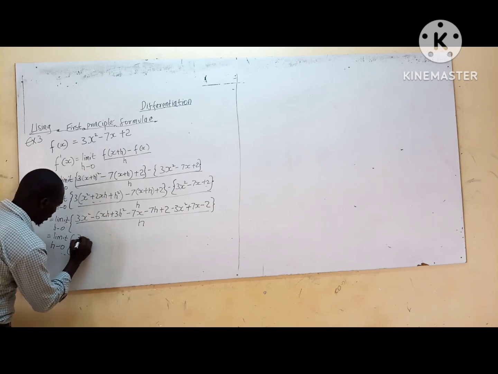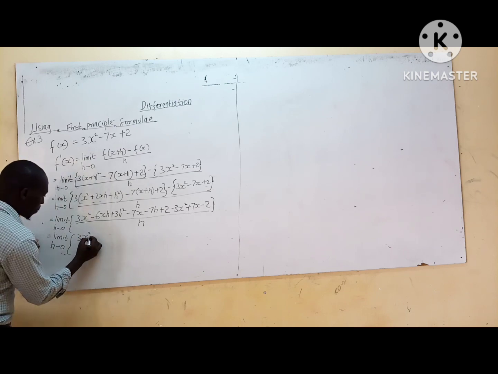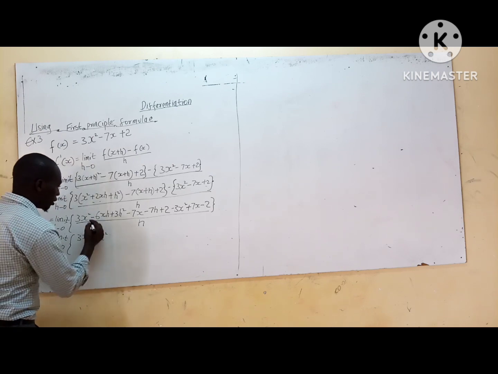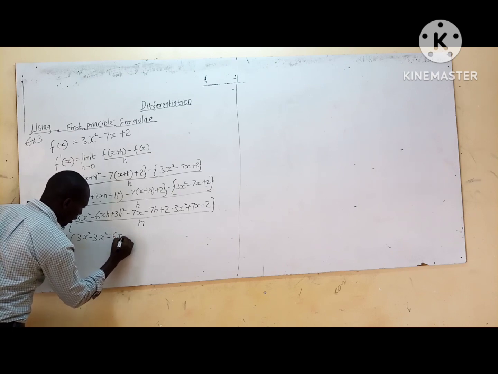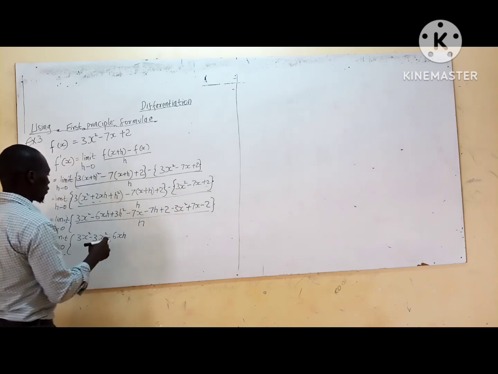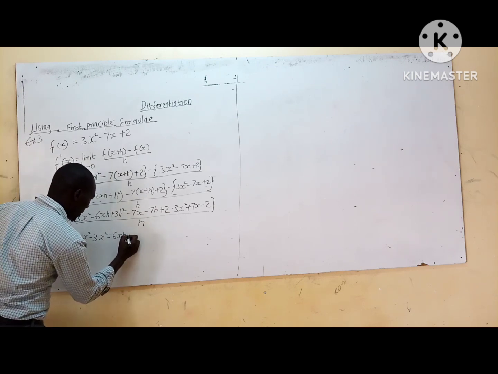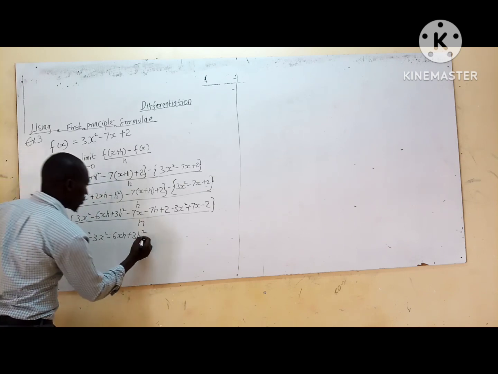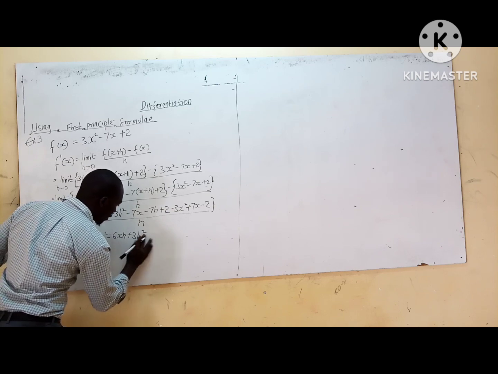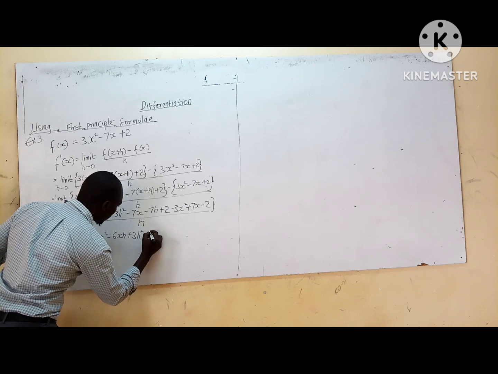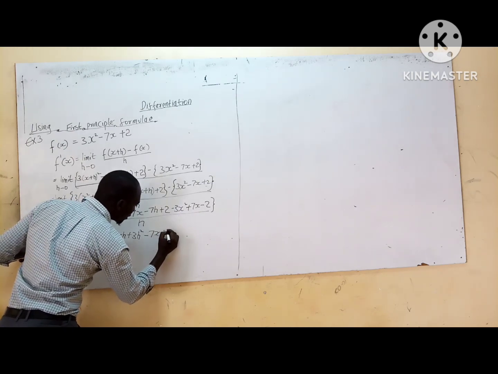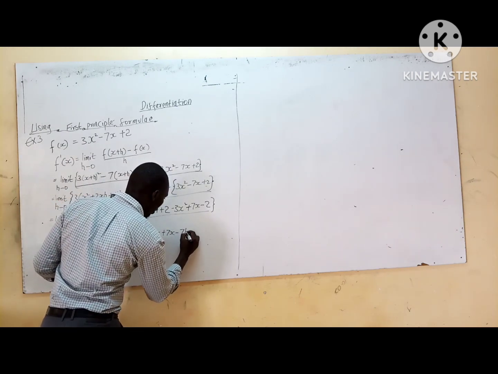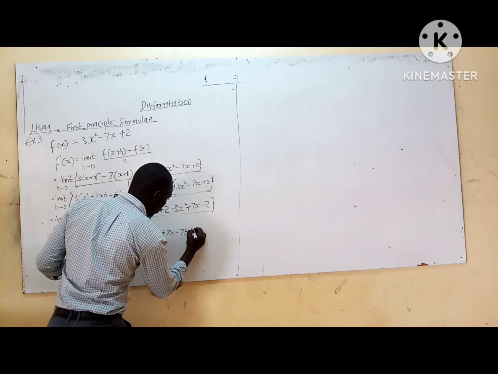Here we are going to have 3x squared minus 3x squared minus 6xh, and we don't have a term of 6hx, plus 3h squared, minus 7x, and here we have plus 7x, minus 7h, and here lastly we are going to have plus 2 minus 2.